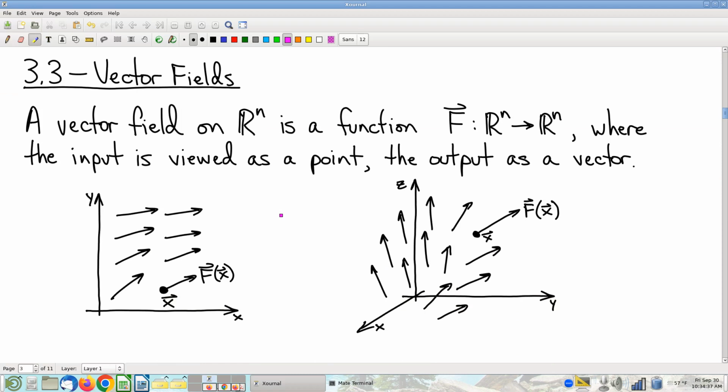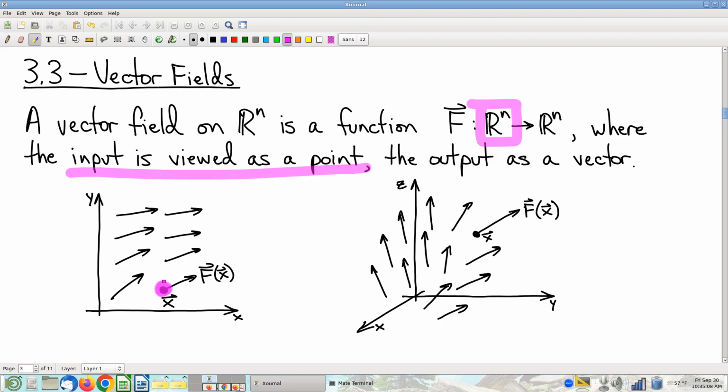I'm going to introduce a new mathematical object here called a vector field. You may have seen vector fields before. Maybe not. You almost certainly have seen the discussion of something that is a vector field, but perhaps not presented in those terms. So, first of all, what is it? A vector field is a function that takes every point, right?